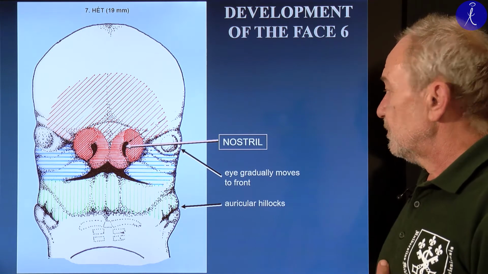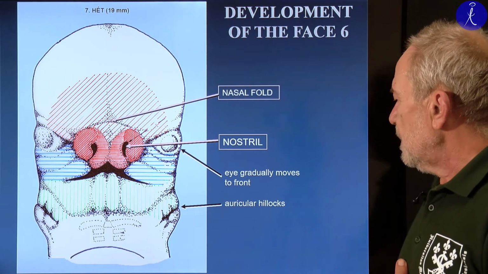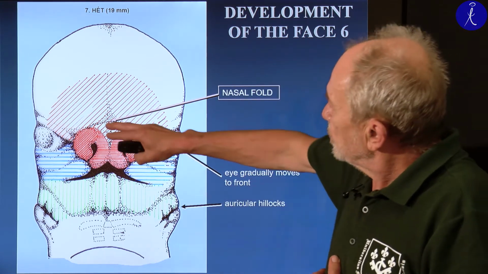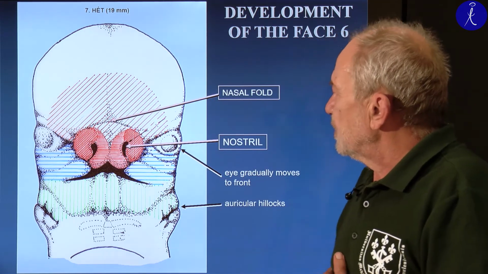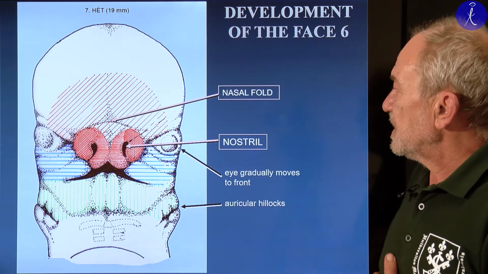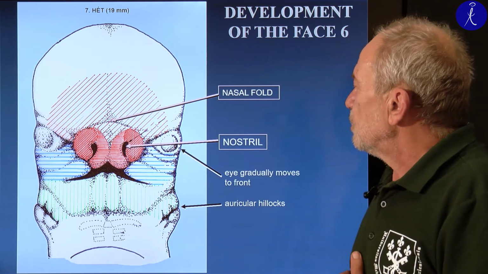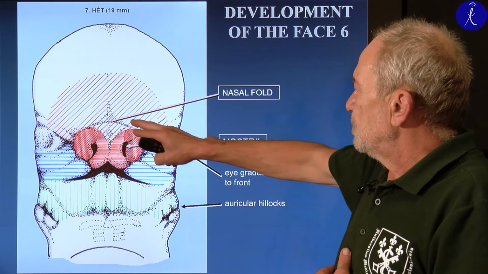What you've learned, perhaps you are going to learn in macroscopy soon. The medial frontal process has got a small, transversely oriented ridge, quite low within the process, and this one is called the nasal fold.